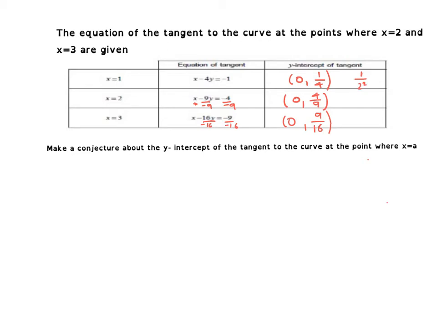Now let's go to the next one. I have 4/9. 4 can be written as 2 to the power of 2, and 9 is 3 to the power of 2. Next one, 9 over 16, is like 3 to the power of 2 over 4 to the power of 2. I can see there is a pattern. So it does look like this is to the power of 2 as well.